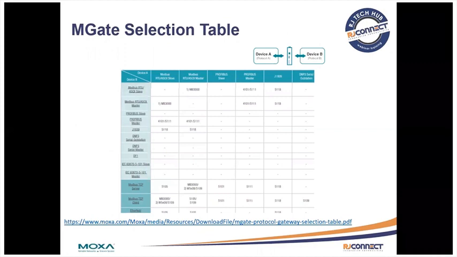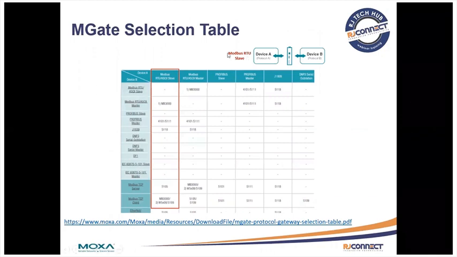So Moxa created a quick selection table that we can use. You can take a quick screenshot to grab this URL, where you will find this MGate selection table on Moxa's website.